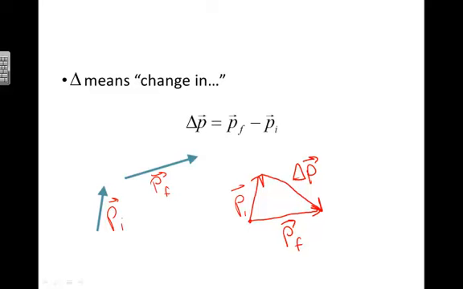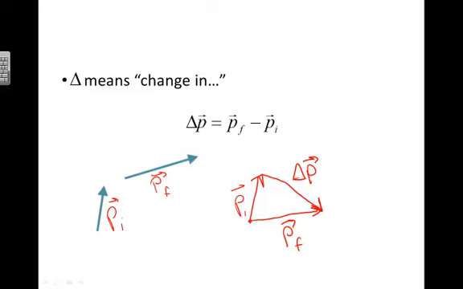Another way to look at this is saying, if this is my initial momentum, how would I have to change things to end up with my momentum going in this direction? Well, I'd have to add to P initial a vector along this line to end up with momentum in the direction of P final. And you can see that from this equation pretty easily.